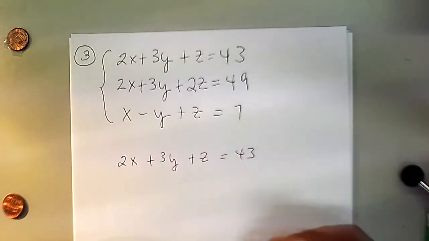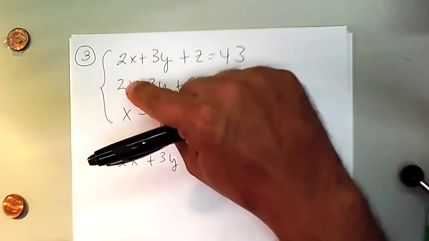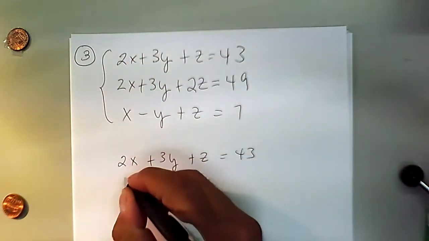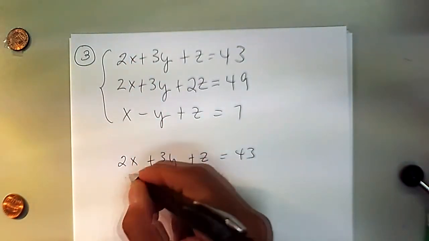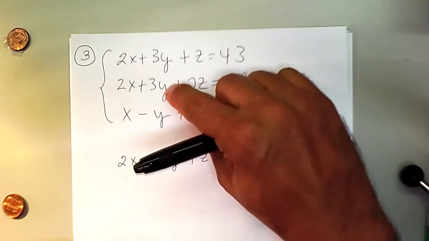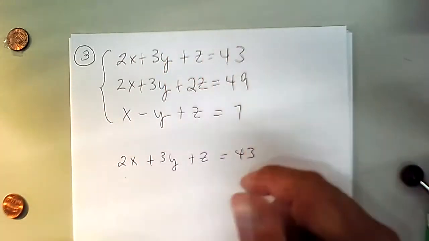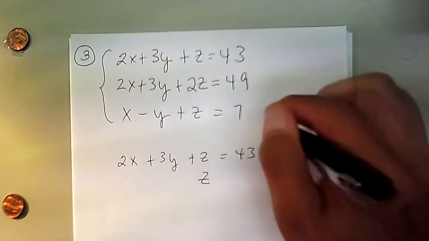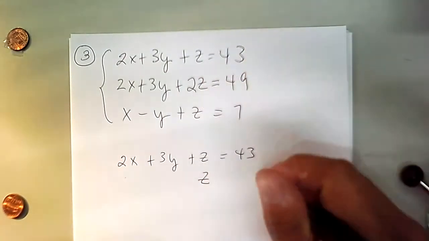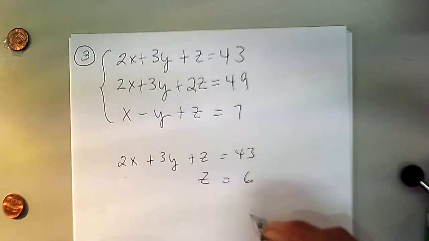That equation does not change. Now we're going to subtract: 2x minus 2x, no x. 3y minus 3y, no y. 2z minus z, a single z. And 49 minus 43, 6.